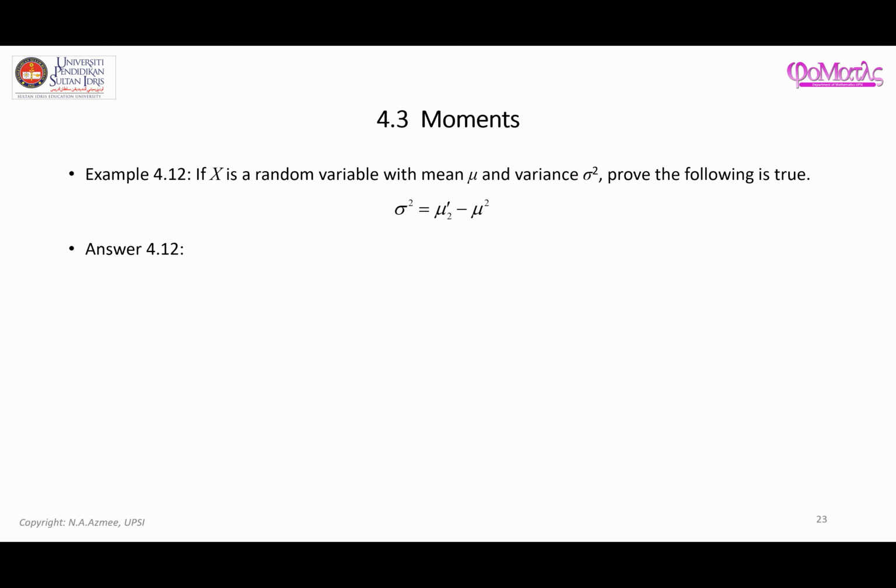We start off with a random variable x with mean mu, which means the expected value of x is equal to mu, and the variance of x has to be equal to sigma squared. This is the variance of x, and we're going to prove that the left hand side is equal to the value on the right hand side.